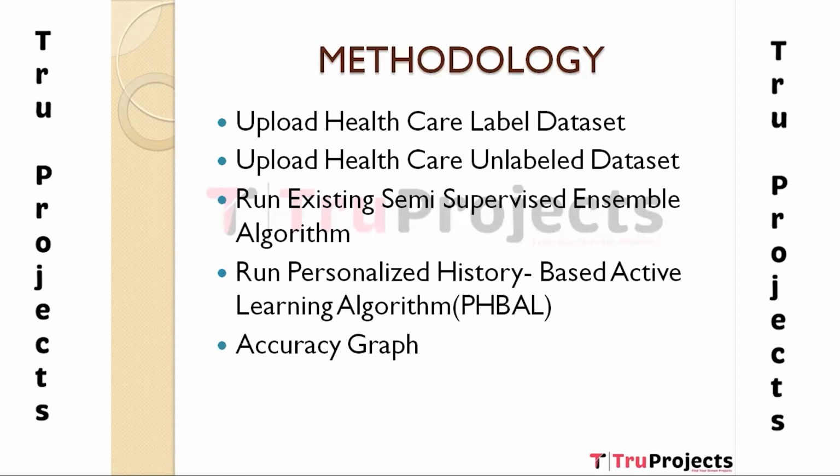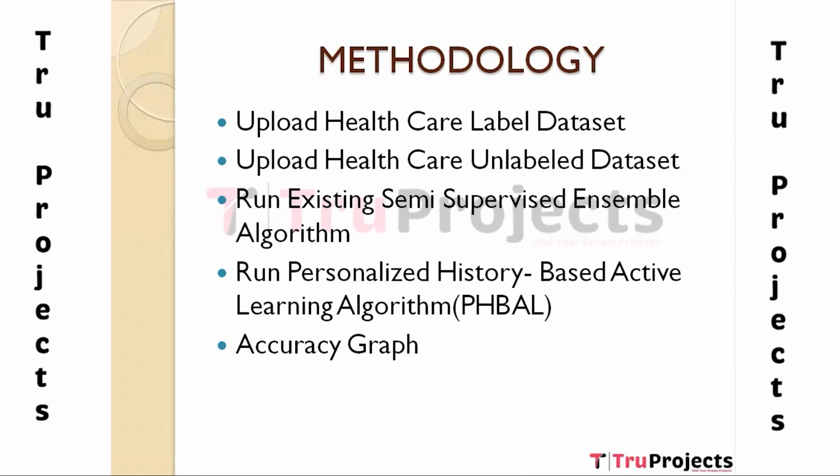The next one, run personalized history based active learning algorithm. An active learning algorithm used for the task of object detection is MIAOD, multiple instance active object detection. Using active learning and multiple instance learning, the MIAOD model selects informative images from the unlabeled set for the user to label.